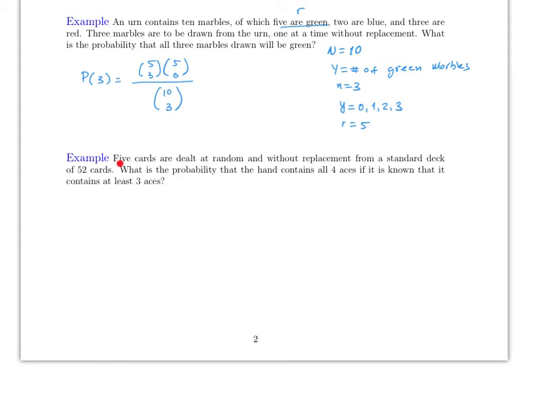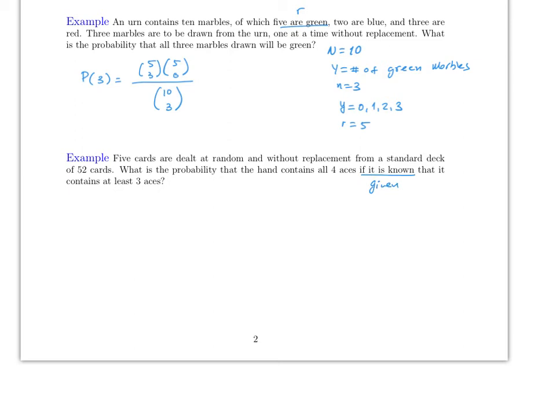The problem says the following: 5 cards are drawn at random and without replacement from a standard deck of cards. What is the probability that the hand will contain all 4 aces if it is known, meaning given, that it contains at least 3 aces already?